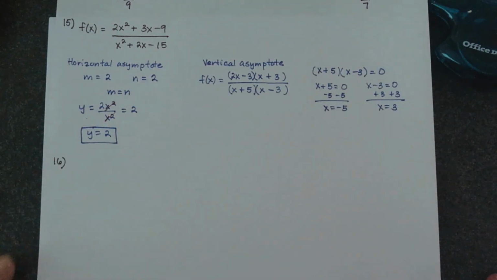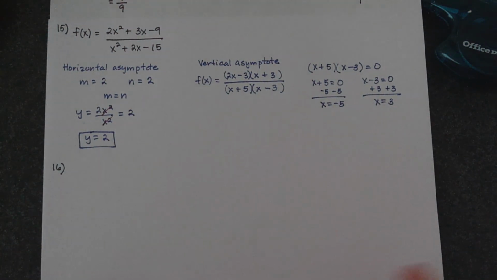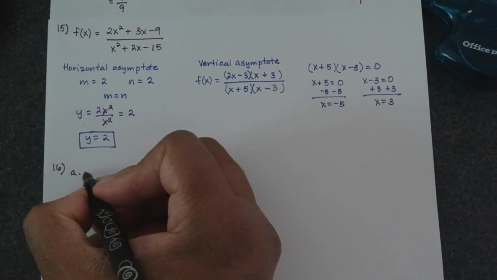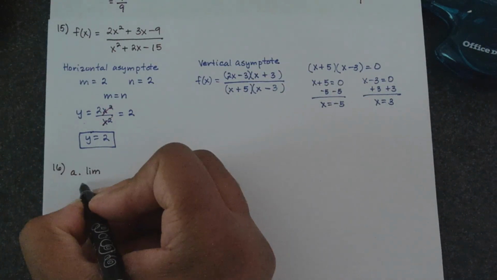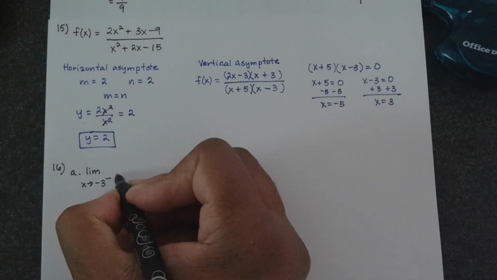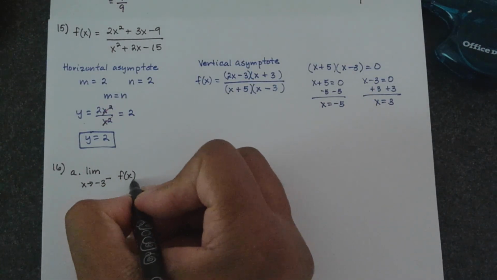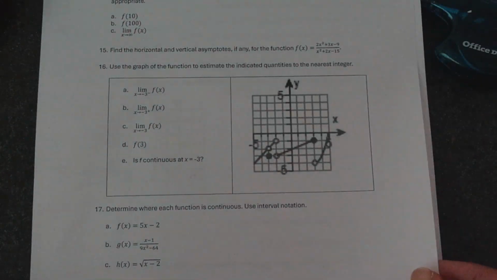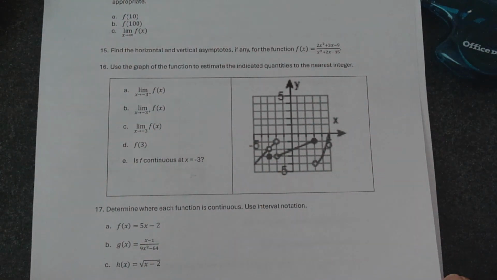All right, number 16, that deals with continuity. So in part A, you have the graph given to you. We're going to find the limit as x approaches negative 3 from the left of this function f of x.